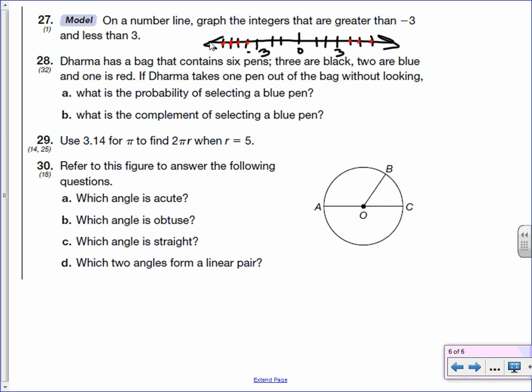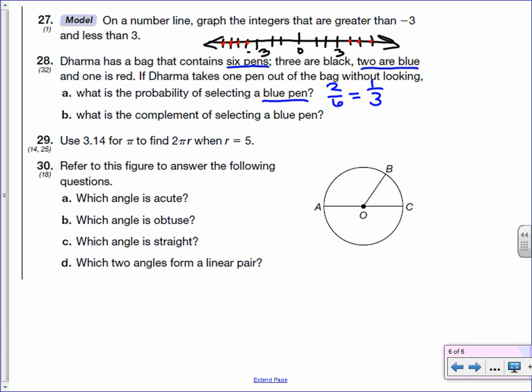Dharma has a bag that contains 6 pens. 3 are black, 2 are blue, and 1 is red. If Dharma takes 1 pen out of the bag without looking, what is the probability of selecting a blue pen? Well, there are 2 blue out of 6 total, which would give us 1/3 if we reduce it. What is the complement of selecting a blue pen?